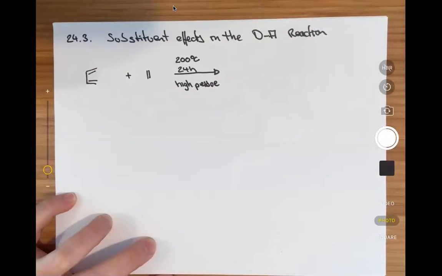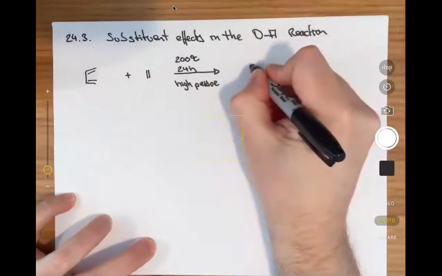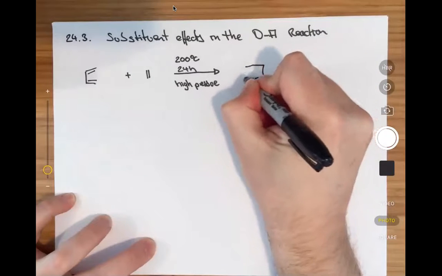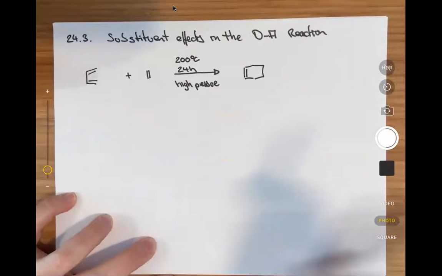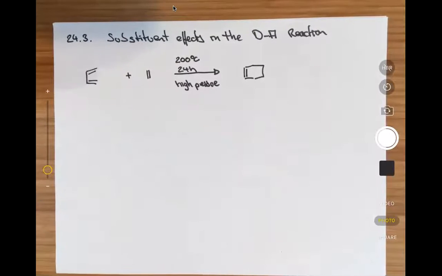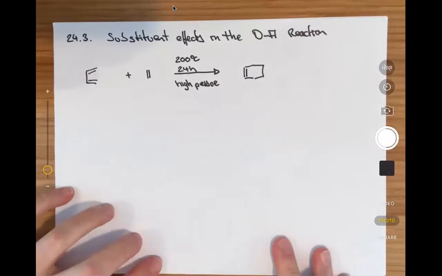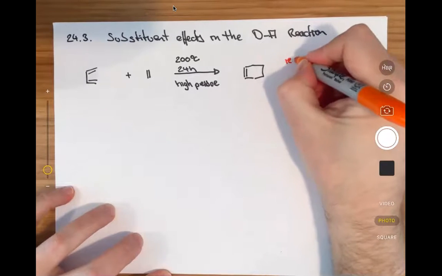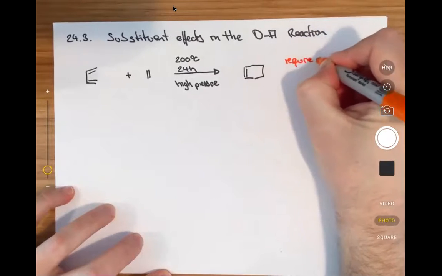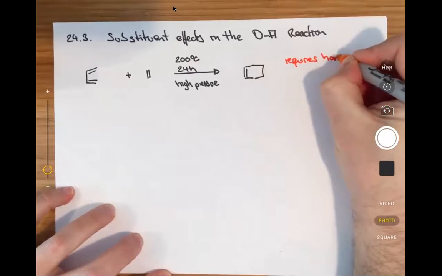So entropically, you basically favor the reaction if you run this under high pressure. And we know that the product already of this reaction is the cyclohexene. Now, as I mentioned already, these reactions are pretty harsh for conventional organic chemistry. So this requires harsh conditions.